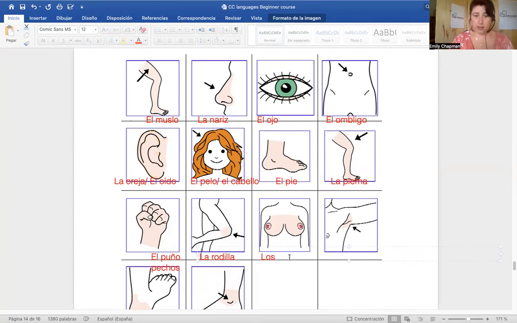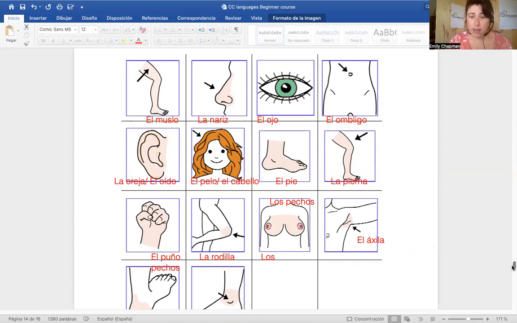I'm going to write that here because for some reason it's moved. Aquí, los pechos. And then if you wanted to say underarm, you would say el axila, which is also normally checked if you're having something like a mammogram. Los pechos y el axila.